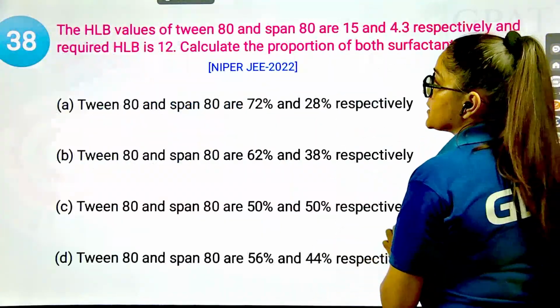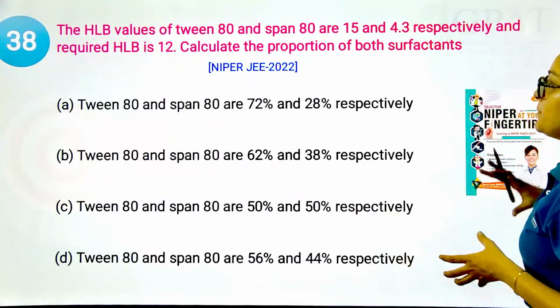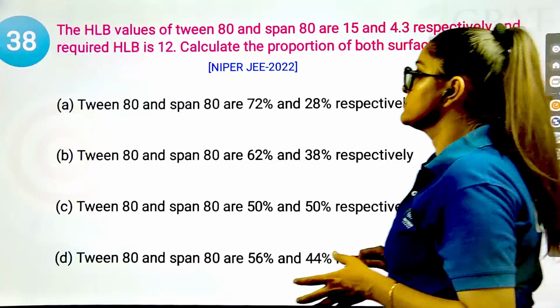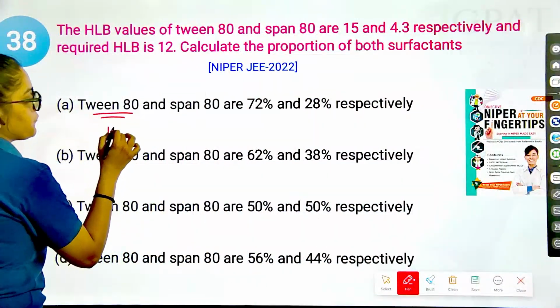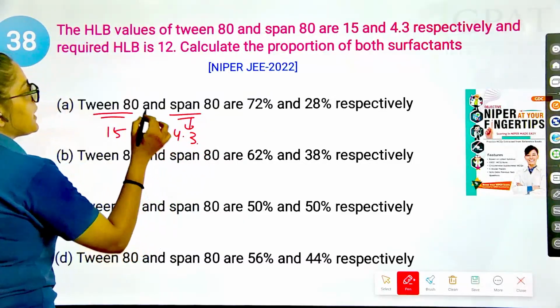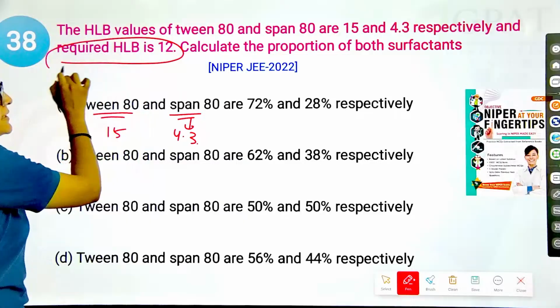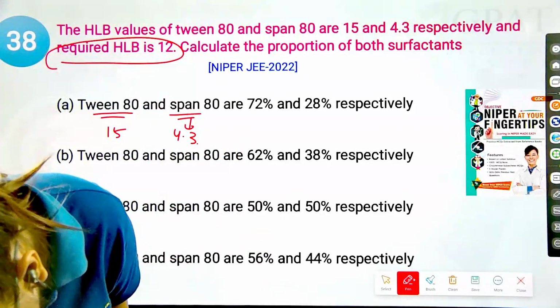Okay, next, the HLB value of Tween 80 is, please see, this is a numerical question. The HLB value of Tween 80 is 15, Span 20 is 4.3, and the required HLB is 12. Calculate the proportion for both of these surfactants.